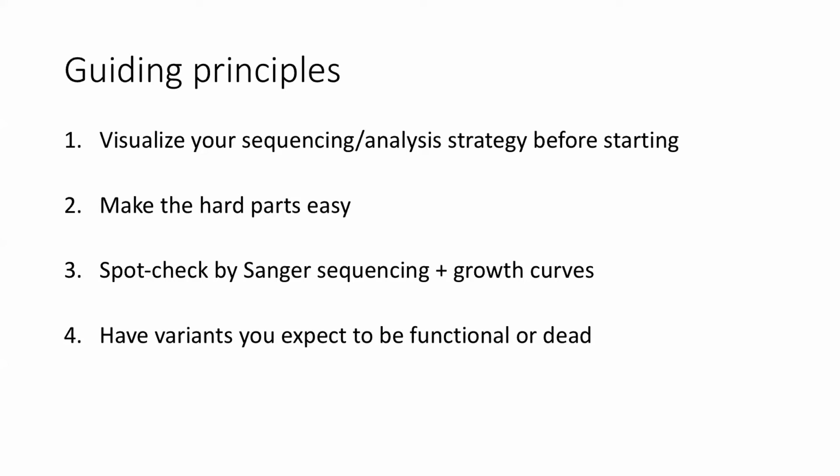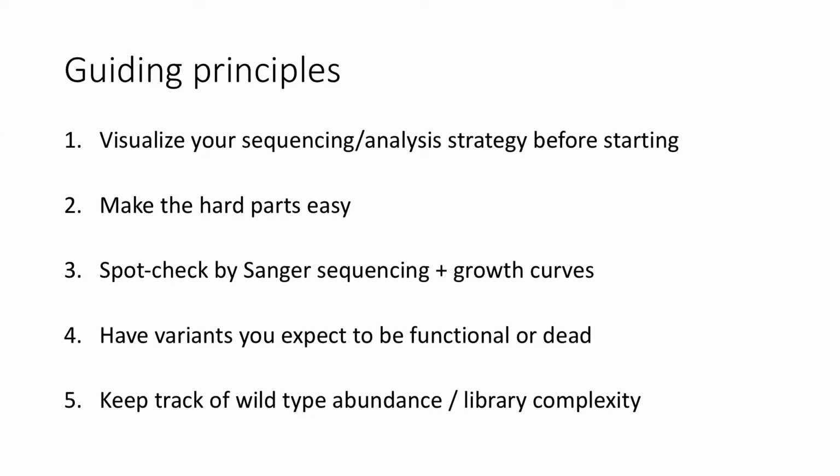And then last, you want to keep track of your wild type abundance and/or library complexity with a knowledge of how your selection is going to affect your library. In general, having a wild type abundance of 1 to 10% is pretty good. If you had, say, a wild type abundance of 50%, you might think, well, okay, I can sequence twice as much and it's not a big deal.